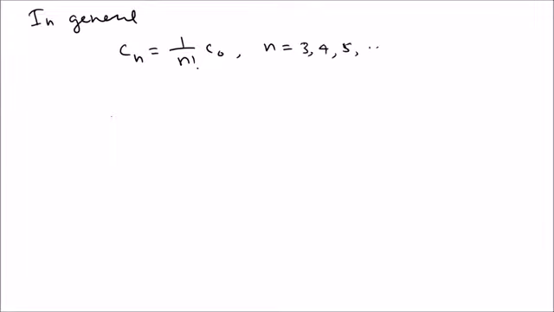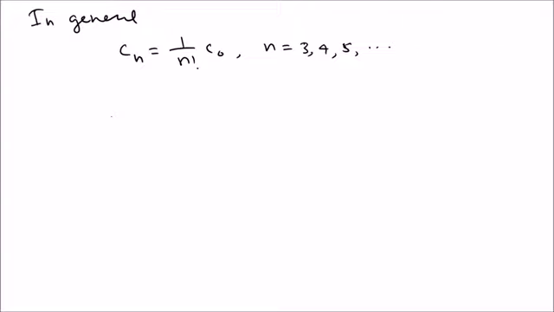Okay, so now you can see in general, you can write Cn, which is 1 over factorial n C0, which is valid for n going from, so what's the starting value? We can start with n equal 3, right? Because we applied n equal 1, but we start with C3, so that means starting with 3. So 3, 4, 5, like that.